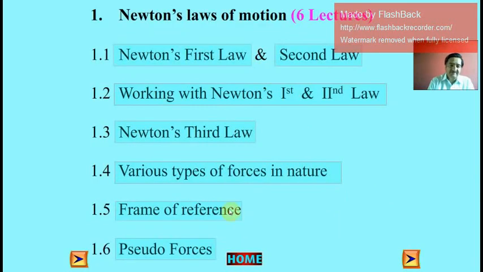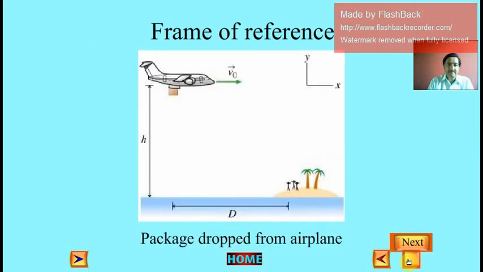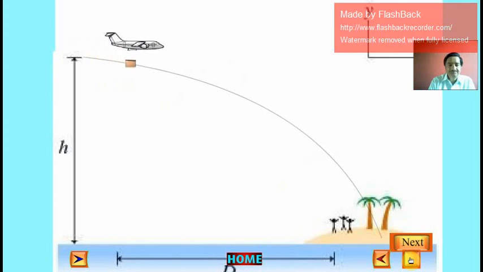Then if you press frame of reference, it is explained by various pictures. Then frame of reference is explained with the help of animation. So this projectile path is there.